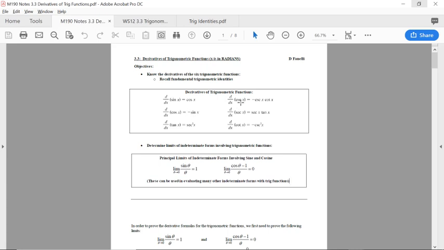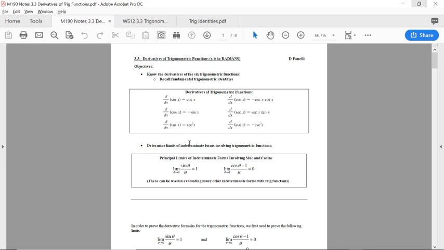The derivative of cosecant outputs negative cosecant cotangent x. And the derivative of cotangent outputs negative cosecant squared of x. Okay? As a helpful reminder, the derivative of the trigonometric functions that begin with the letter C will output a negative sign on the other side. That could be helpful to remember which ones output the negative and which ones do not.